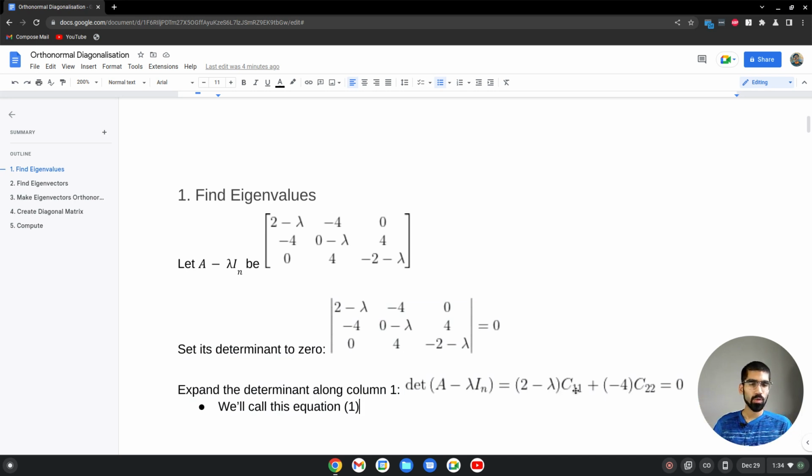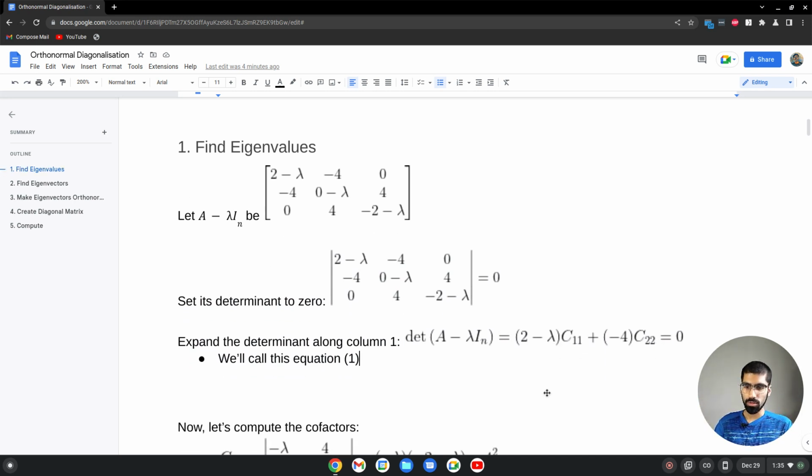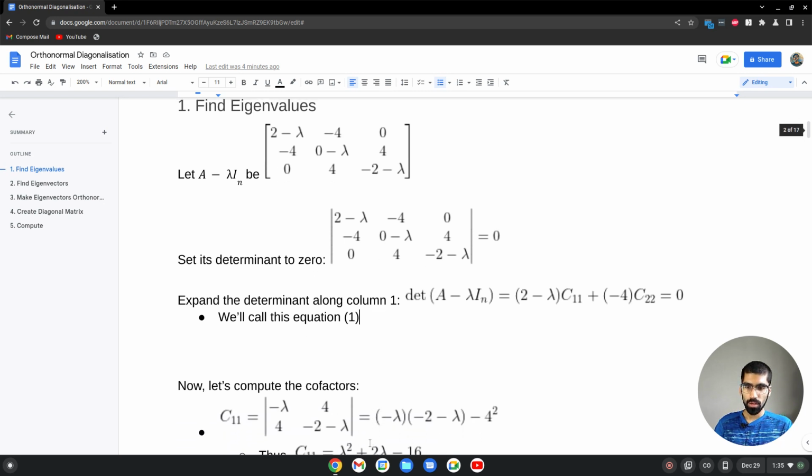So now we just need to fill in these cofactor values, so let's just compute those. For the cofactor for position 1, 1, I know that the determinant has to end up without a negative sign in front, because the position adds up to an even number.